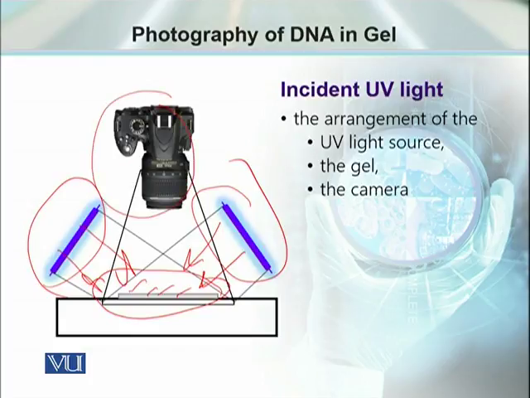In this case, no lamp is found in the base. There is a spot which is kind of black in color, and then above that spot there is lying the gel, and above the gel on the lateral side there are the source of UV light. This is the system for incident UV light.